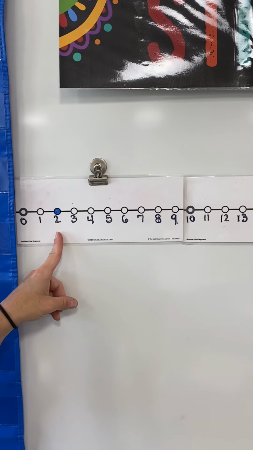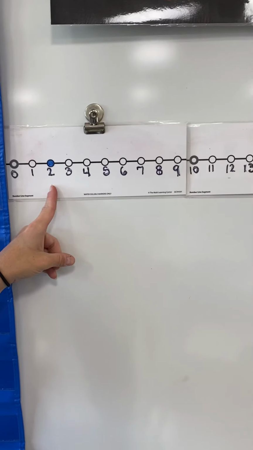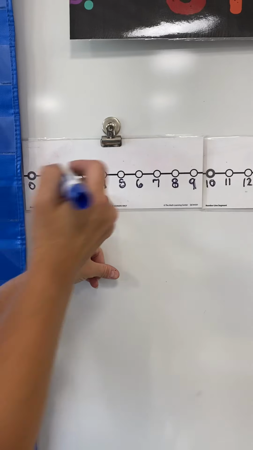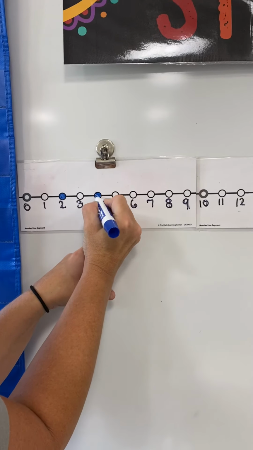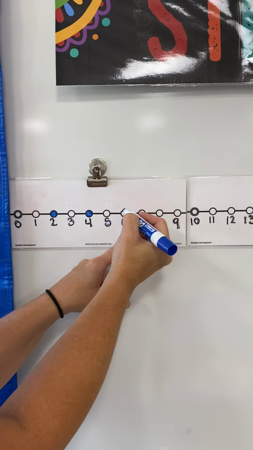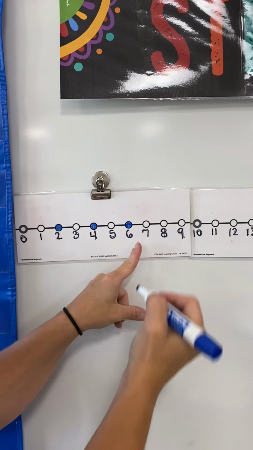So when you're trying to find another multiple, you have to add 2 more. So if I added 2 more, I would be on 4. So I would go from 2 to 4. Then 2 more would be 6. So it's every other number.